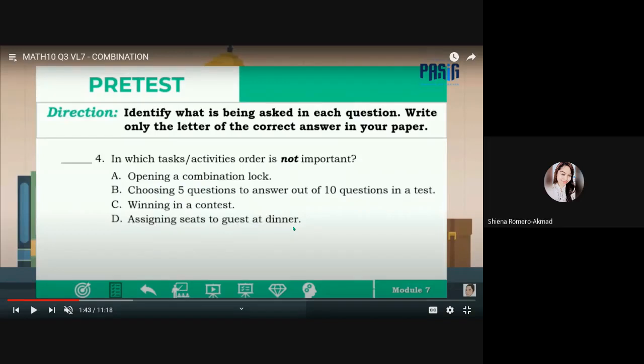Like for example, kung essay yan, 5 yung pinili mo, and all of them are 5 points each. So it doesn't matter kung sinong mauna mong piliin. Dahil ang gagawin mo lang naman dyan, sasagutan mo lang naman, all of them. So walang kinalaman kung ano yung pagkakasunod-sunod nila. So the answer here is letter B.